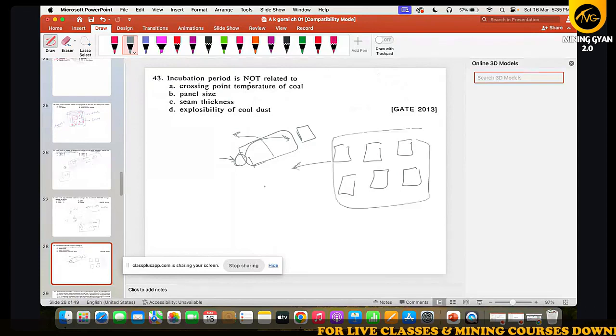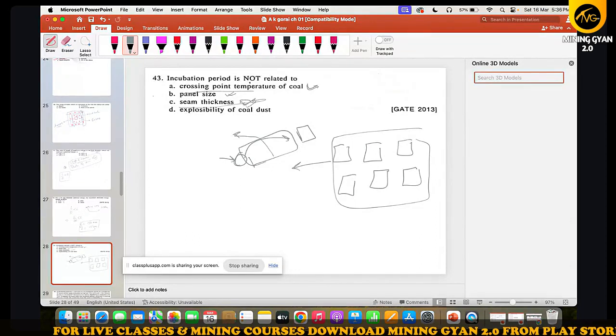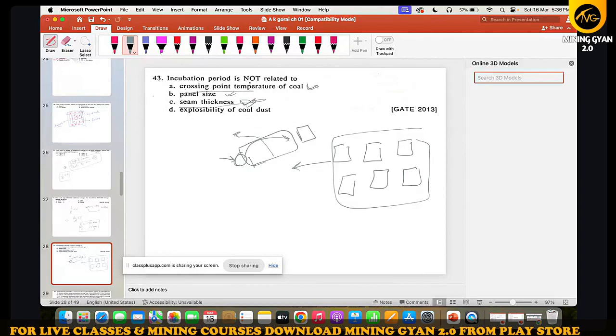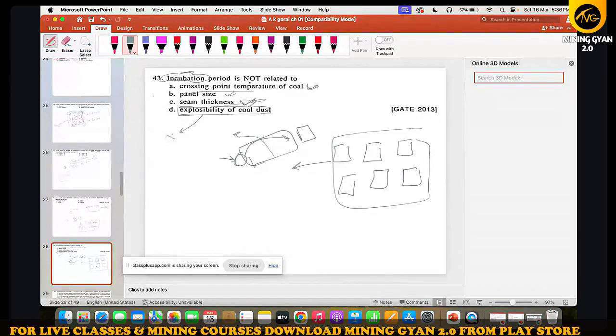So yes, panel affects it. क्रॉसिंग पॉइंट ऑफ द टेम्परेचर, ये क्रॉसिंग पॉइंट का टेम्परेचर भी इफेक्ट करता है. Seam thickness, yes, seam thickness will affect our incubation period. So which will not affect? Explosibility of coal dust. It will not affect. So it will be our answer.